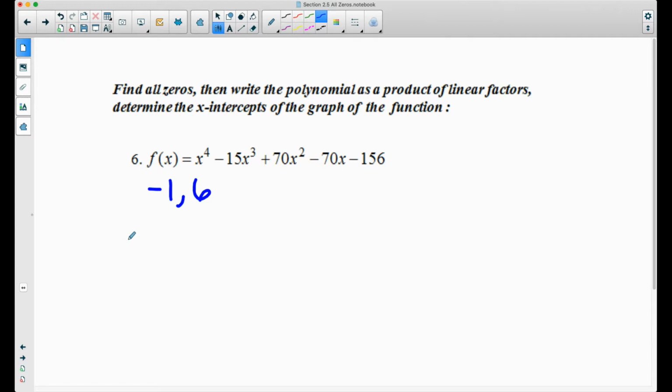If you generate your graph and then press enter. It does not matter which zero you start with. If you start with -1 first and then you do 6, you're still gonna get the same answer if you do it the other way.